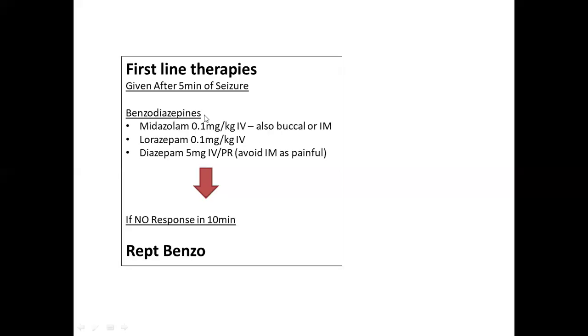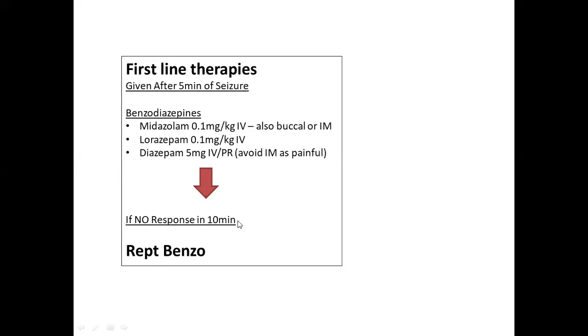Give the initial meds and wait for 10 minutes. An additional point: you should give the benzo immediately following seizures, because if we delay, the effectiveness of benzodiazepines is reduced, right? Then and there, you should give the benzo. First benzo, wait for 10 minutes.